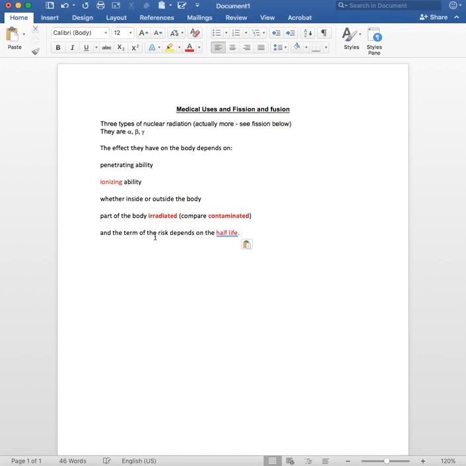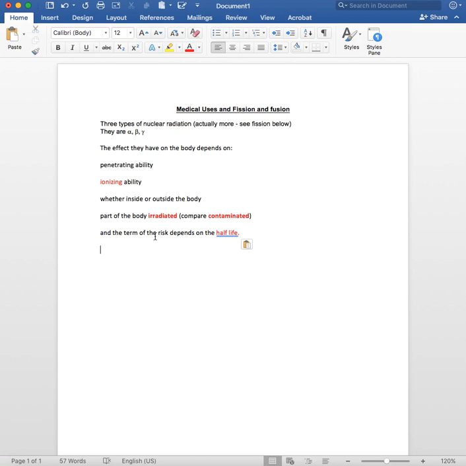So it depends on which part of the body is irradiated, and of course, thinking back to earlier work, how long that risk remains a serious consideration depends on the half-life of the source. And that's something you know about quite well. The average time for the activity to fall to half of its current value.